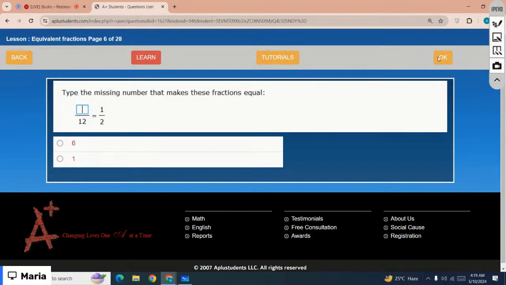Type the missing number that makes the fractions equal. So 2 times 6 is 12, and 1 times 6 is 6. So that means the missing number is 6.